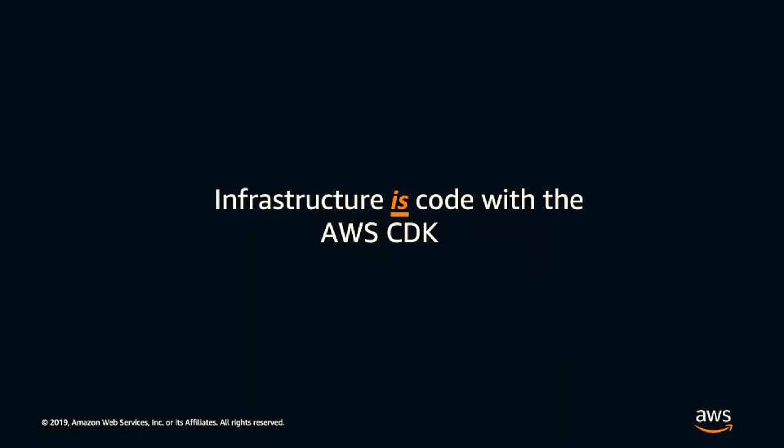Today we're going to be talking about C# using .NET, but you can use a number of different languages from TypeScript, JavaScript, Java, and Python as well. And there'll be more languages potentially coming in the future as well. And if you do have specific languages that you want us to support, which we don't currently support, then do let us know. All of the CDK is hosted on GitHub, and you can raise issues there and tell us what you want us to support next.